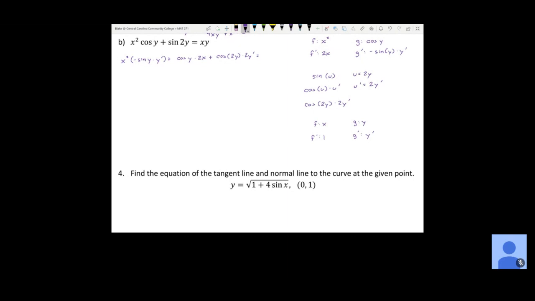So again, using your product rule here, that's going to be f times g prime, so x, y prime, plus, and then g times f prime is just going to be y times 1. Any questions just on finding the derivative of each piece of that?